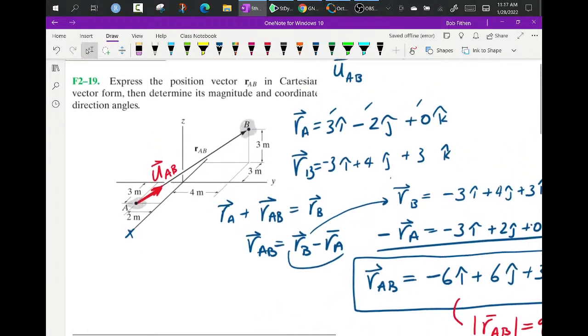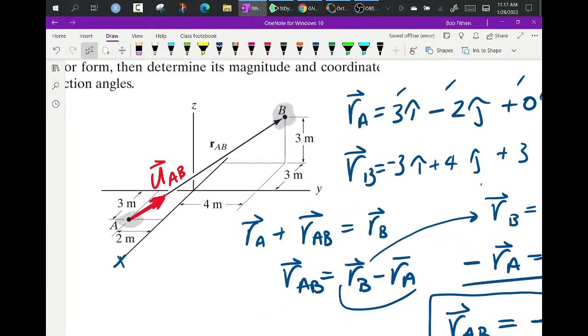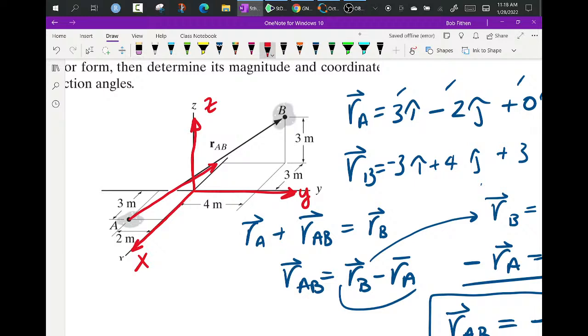So here's what I'm going to do. I'm going to do something really strange here. Go ahead and get rid of that. And then I'm going to draw this vector, just not the whole thing, just right there.